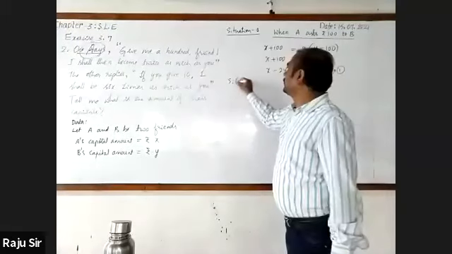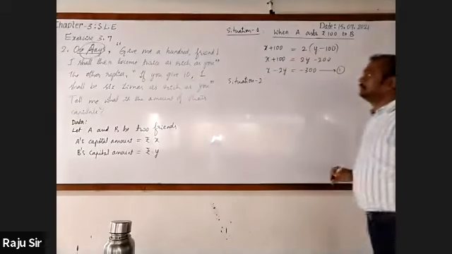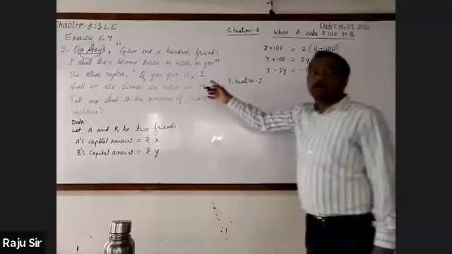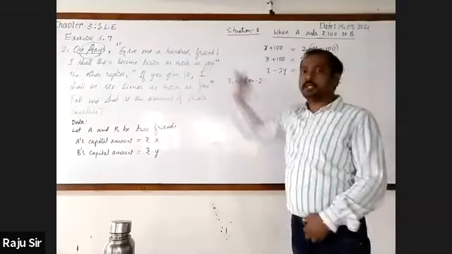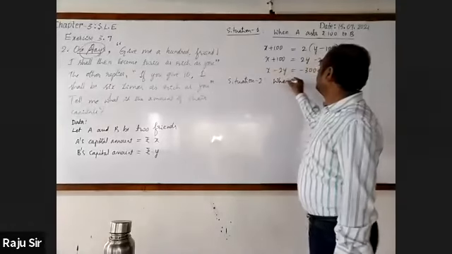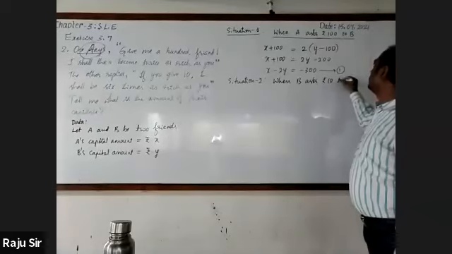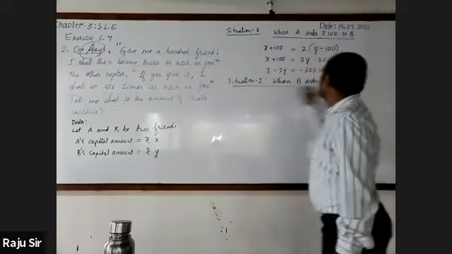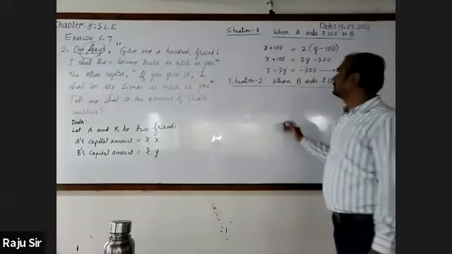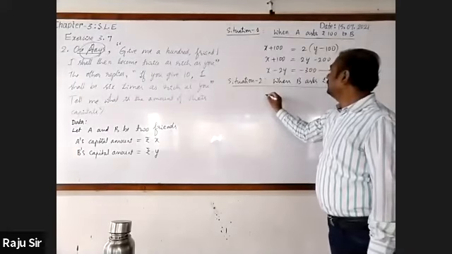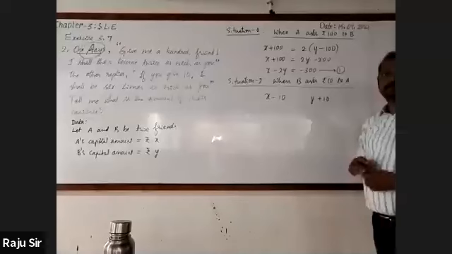Now, let me write the information regarding the second situation. In the second situation, friend B will ask rupees from A. When B asks rupees 10 from A, or when B receives rupees 10 from A, then the amount with A will be X minus 10 and B will be Y plus 10.